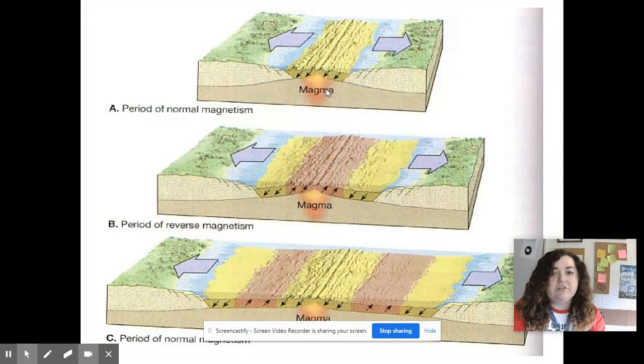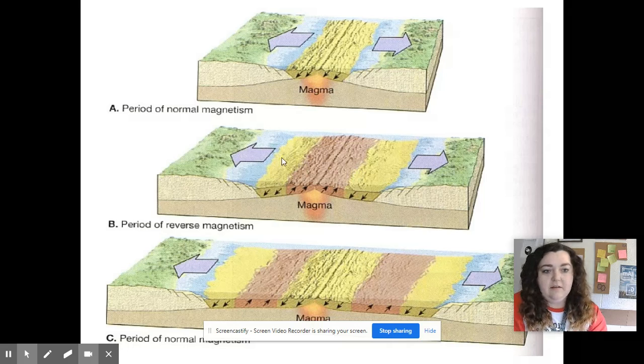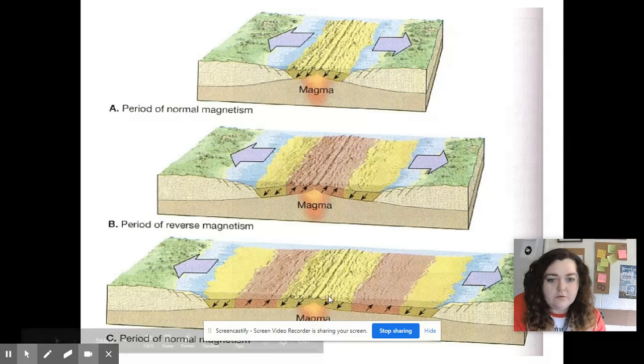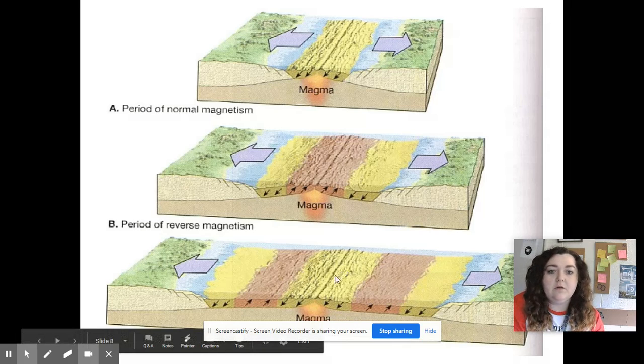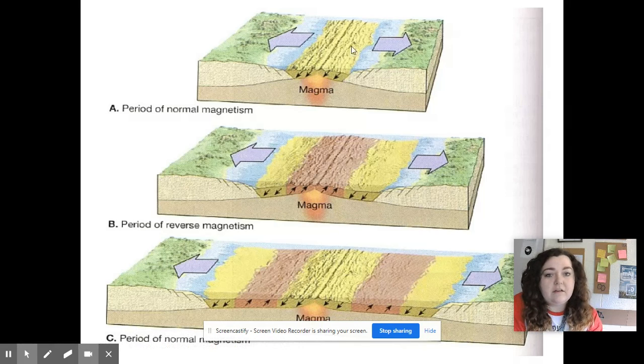So again, here's just another period here. Throughout all of this rock being formed, you have the same magnetism, and then it switches. So once that magnetism switches, you have a different rock, and then it switches again back to the other position. Again, you can see the mirroring on each side.